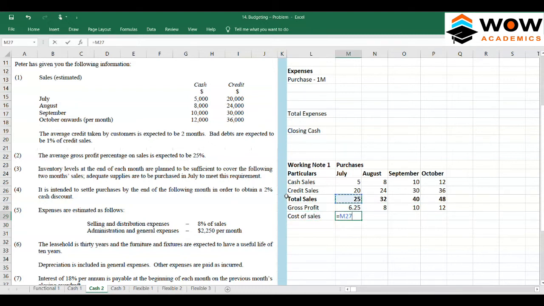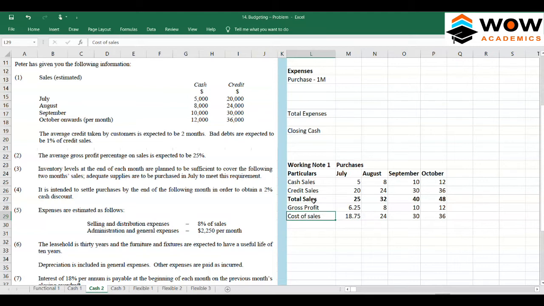So cost of sales we can assume it to be inventory level, that we can assume that to be inventory. So cost of sales, we'll take it as the raw material value that has been sold.